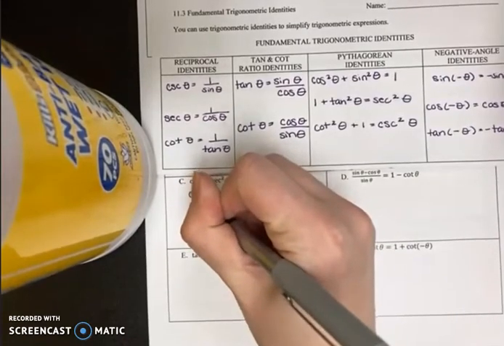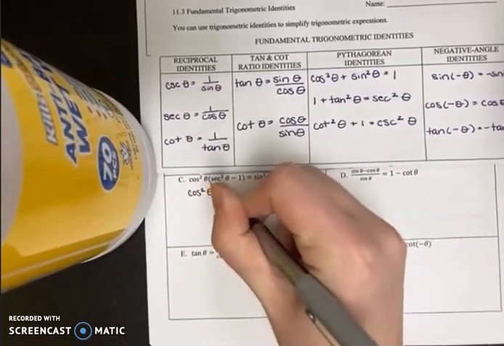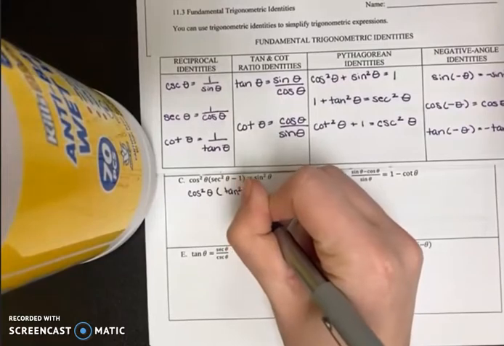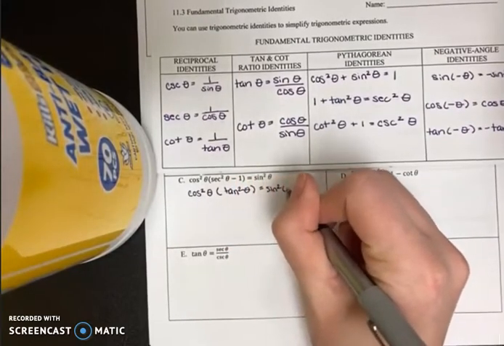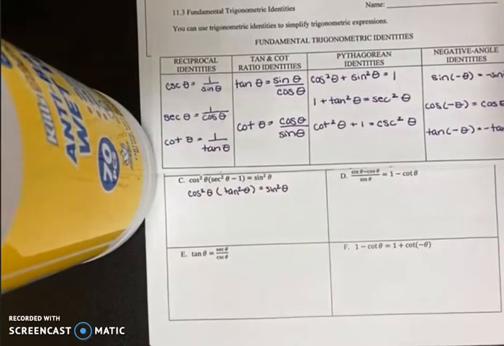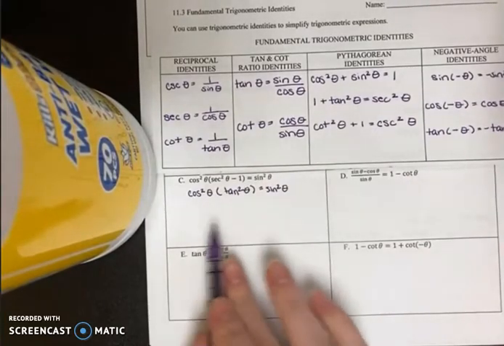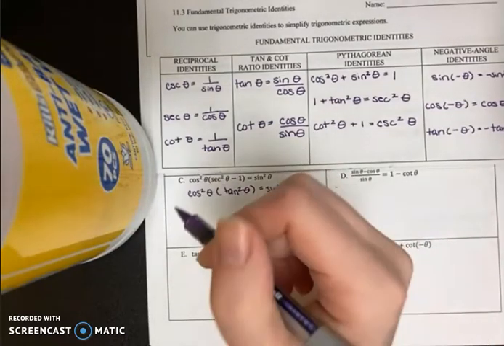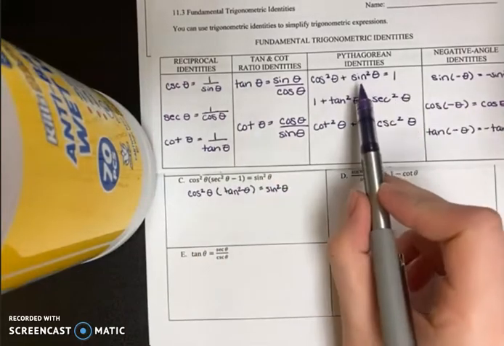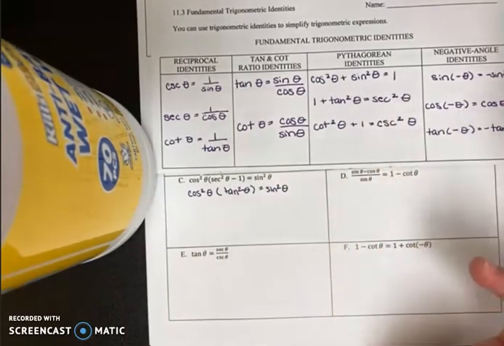So secant squared theta minus 1 is equal to tangent squared theta. So I have cosine squared theta times tangent squared theta equals sine squared theta. Now, I haven't made this match the right-hand side yet, so I do have to continue. Cosine squared, I could rewrite using an identity, but I don't think that's going to help.